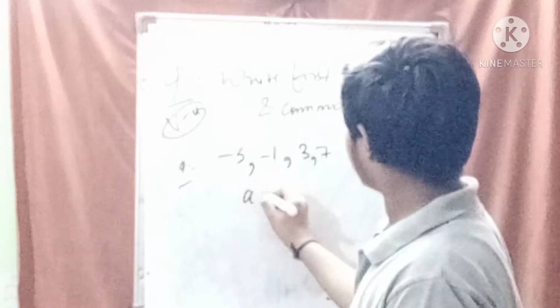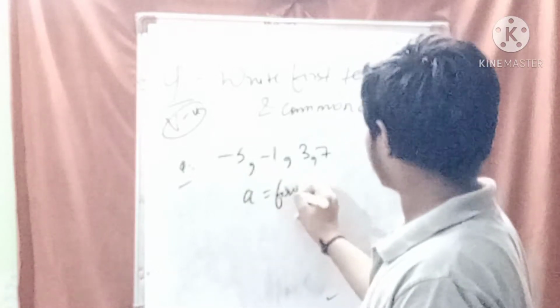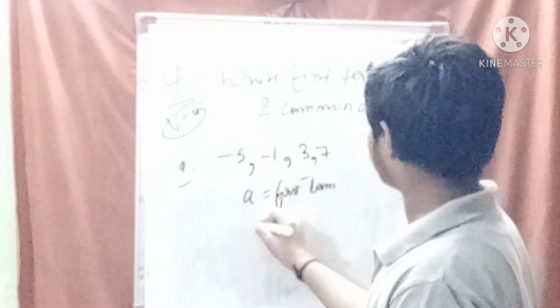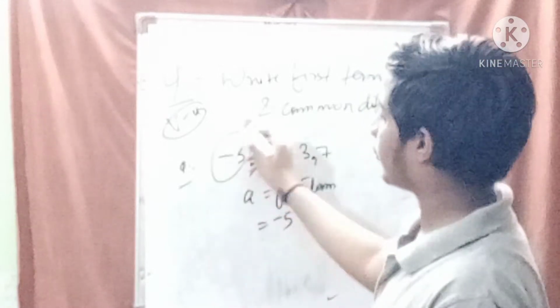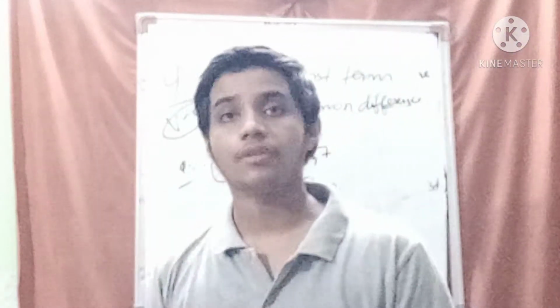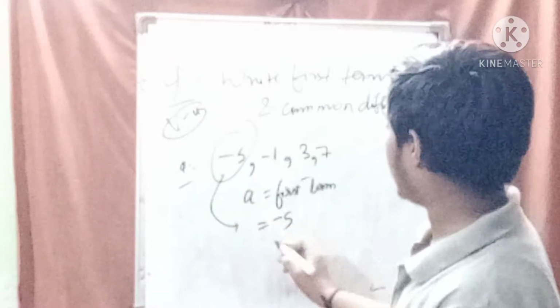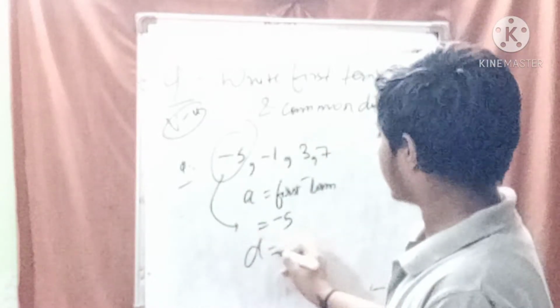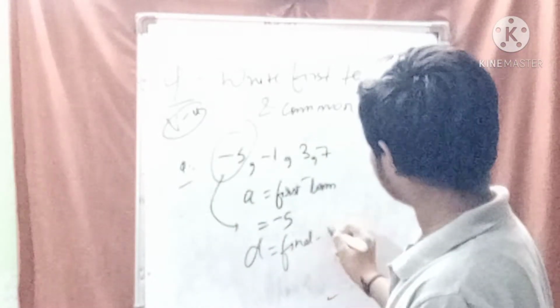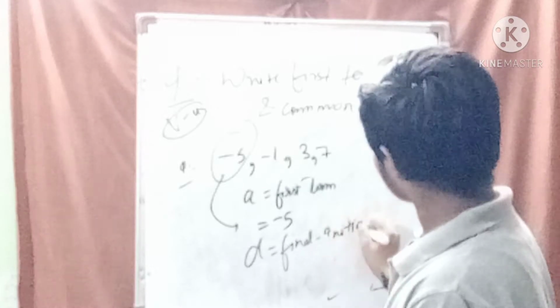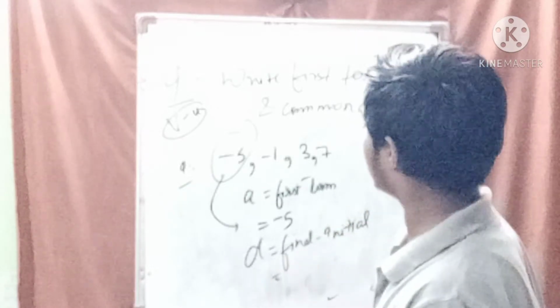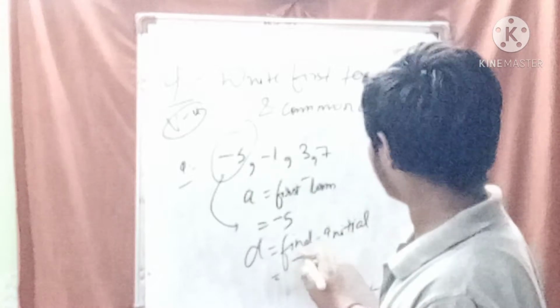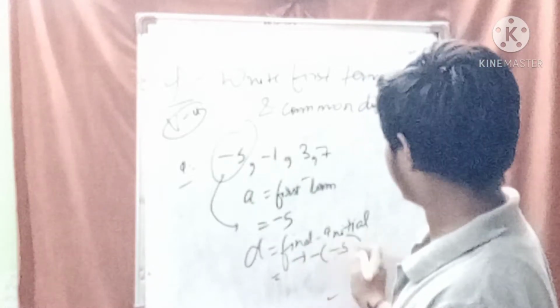So A is the first term. First term is minus 5. Simple as simple. First term is the term which is in the first position. And now D is final minus initial. Final minus initial is equal to minus 1 minus of minus 5.